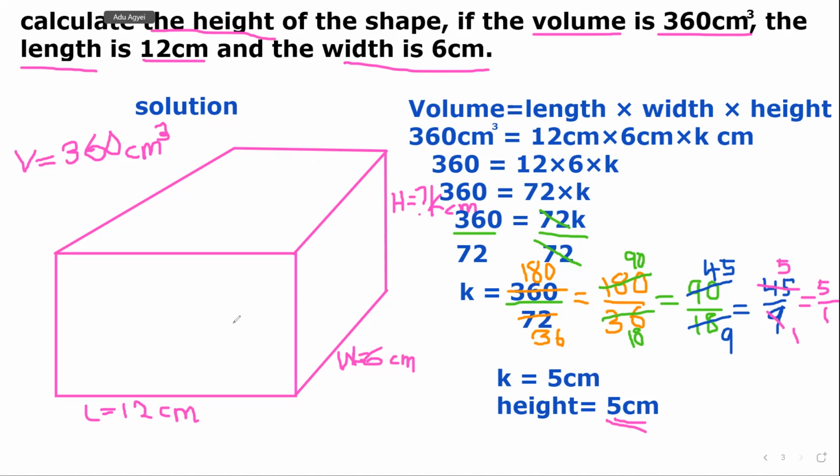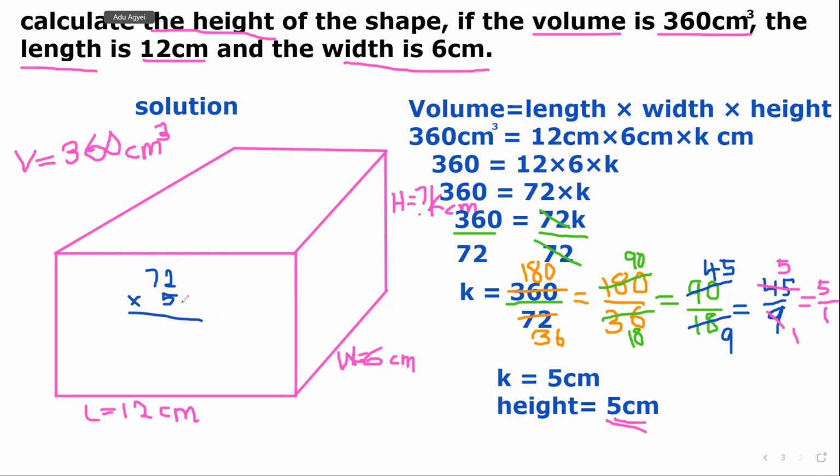So we have the 72 times 5, because 72 times K, and K is now 5. So you can put 5 here to multiply the 72.